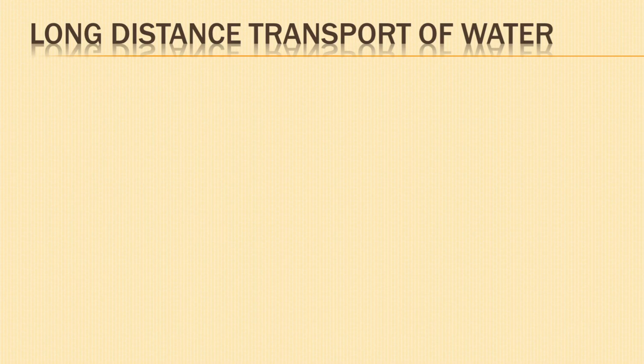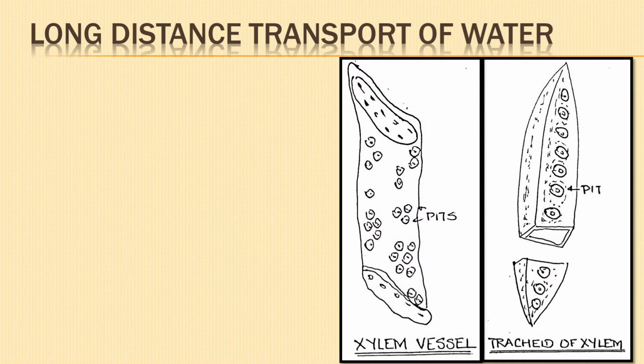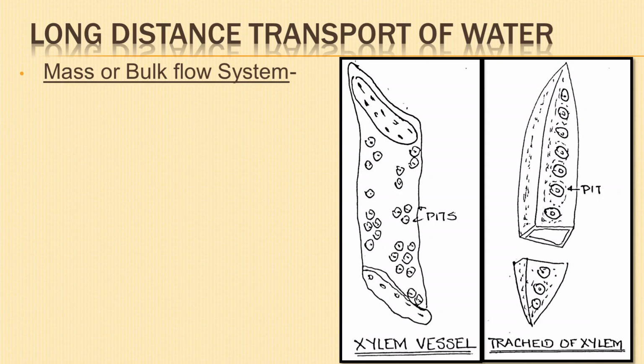Next, let us understand long distance transport of water or mass or bulk flow system. Special system is required for the transport of substances across long distances and at a faster rate.